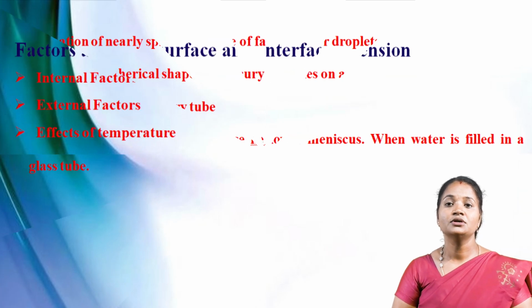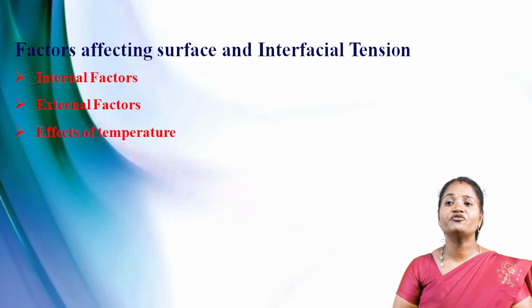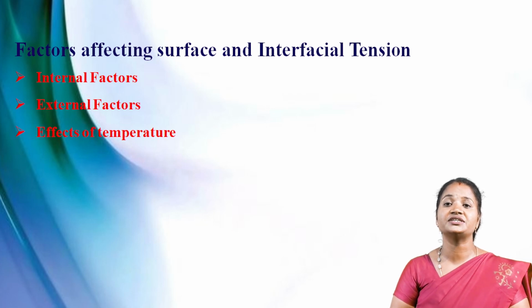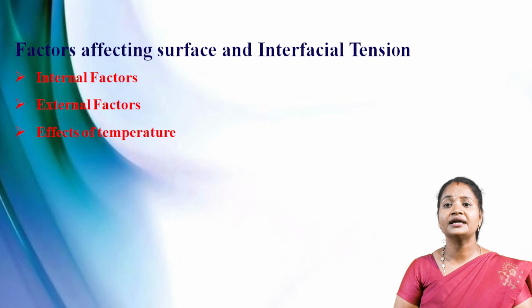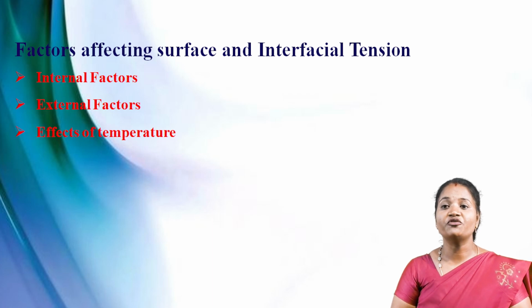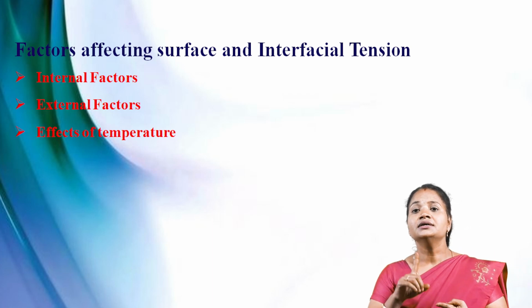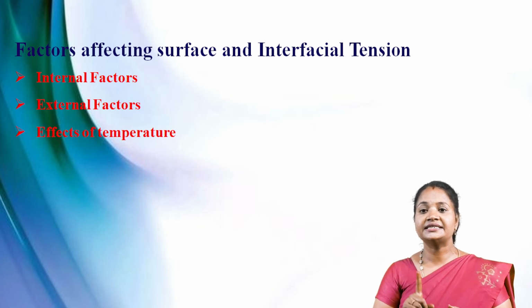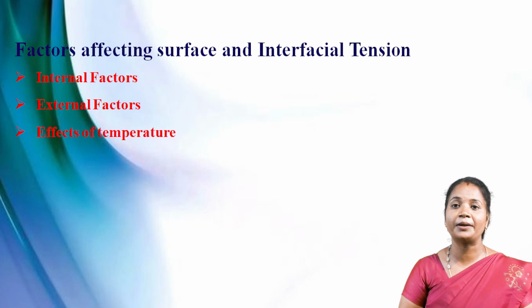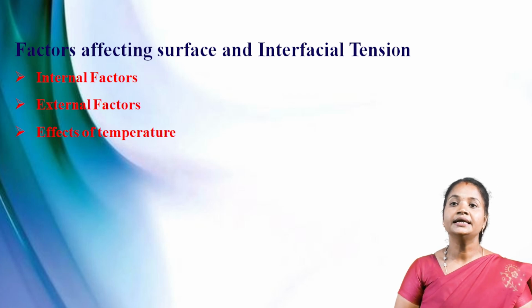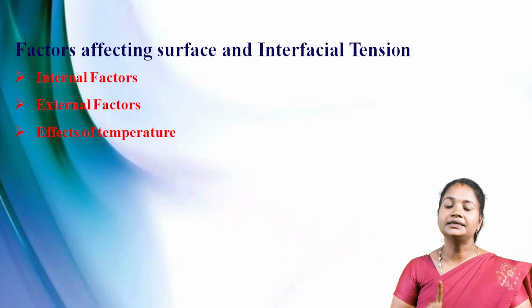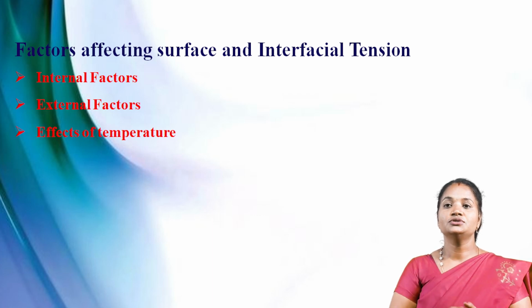Next, factors affecting surface and interfacial tension. There are three factors which affect surface and interfacial tensions: internal factors, external factors and the effect of temperature. Internal factors consist of intermolecular attraction.